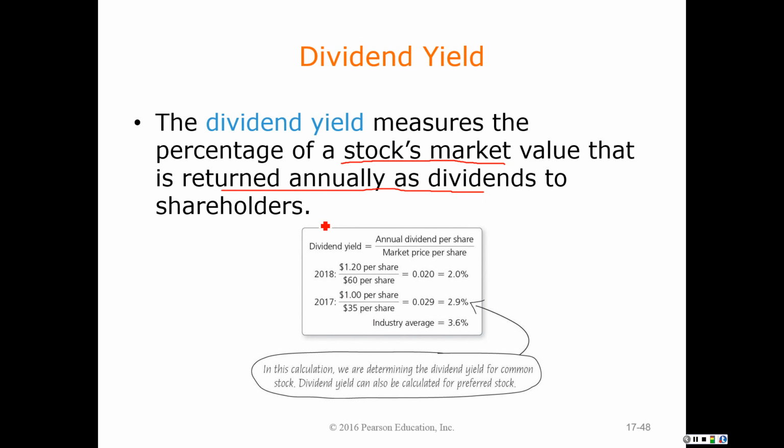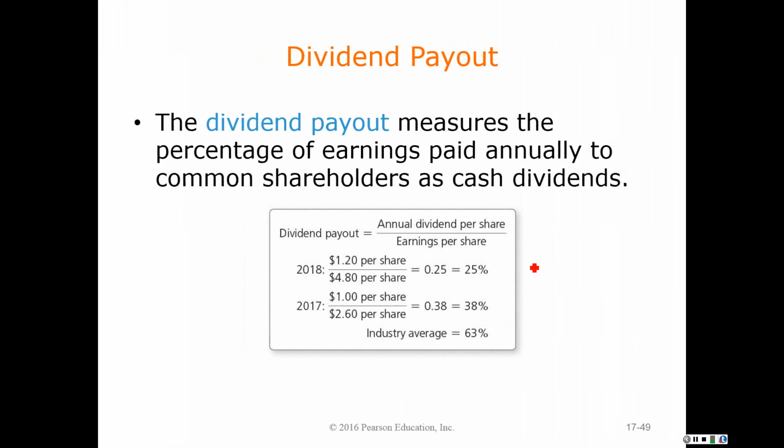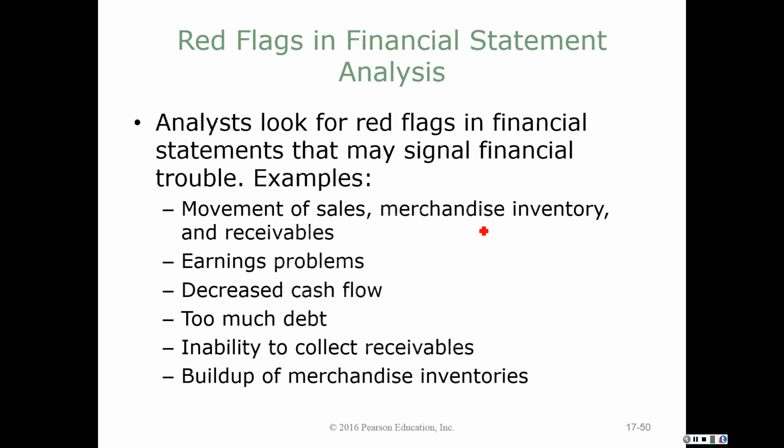And so the dividend yield is simply our annual dividend per share divided by our market price per share. Okay, so we've seen some of the most common, the dividend payout as well. Once again, instead of a dollar, we see percentages: dividends per share divided by earnings per share.